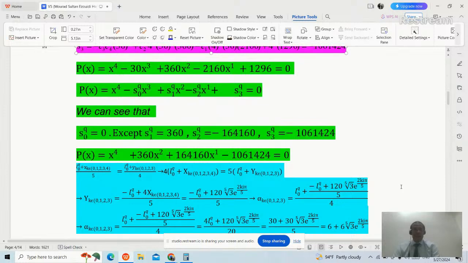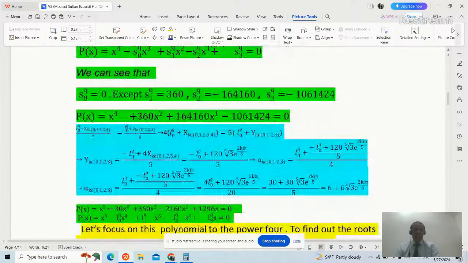You can see that, learners, L0 plus xk, with k belonging to 0, 1, 2, 3, 4 over 5, meaning that now I'm introducing a new polynomial to the power 5 equal L0 for the cube plus yk, k from 0, 1, 2, 3. You see this yk is the roots of this new polynomial, okay?